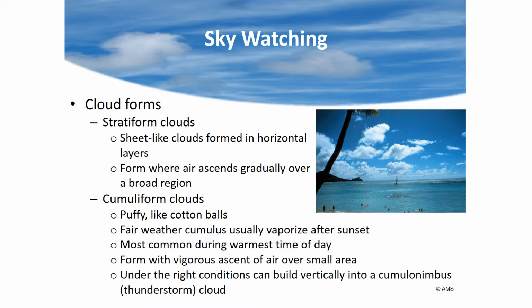There's another type called cumuliform, which are more puffy. They're rising in individual columns, much smaller scales. So you'll get fair weather cumulus, what we call it. No rain falling, but more organized updrafts can actually generate into thunderstorms. So cumulonimbus is what we call a thunderstorm cloud, where you're actually generating lightning and precipitation.